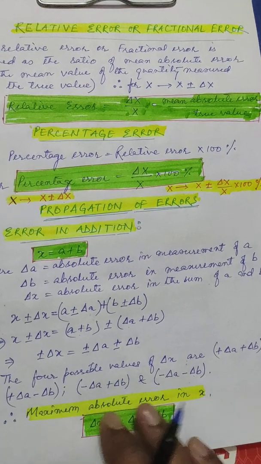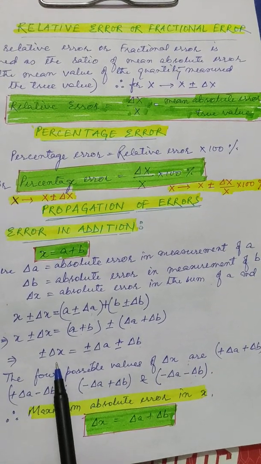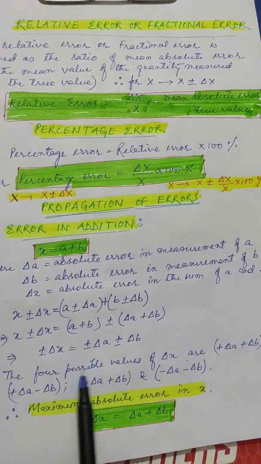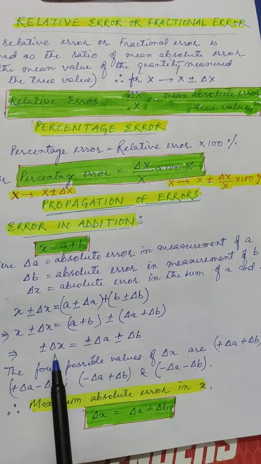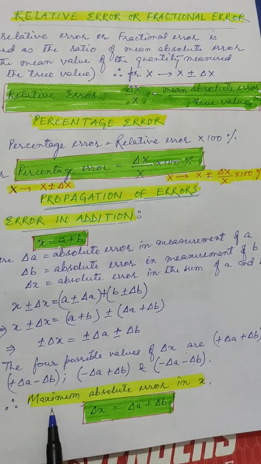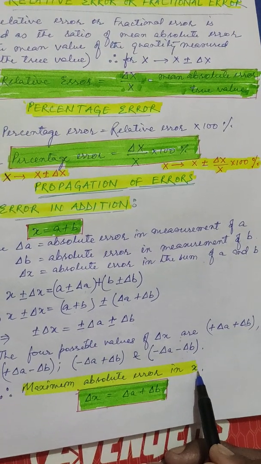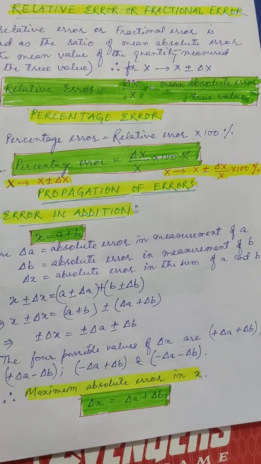In all the conditions, the value of delta x will be maximum when they are added, and delta x represents the error in the result. So its maximum value, maximum absolute error in the result x, is delta a plus delta b.